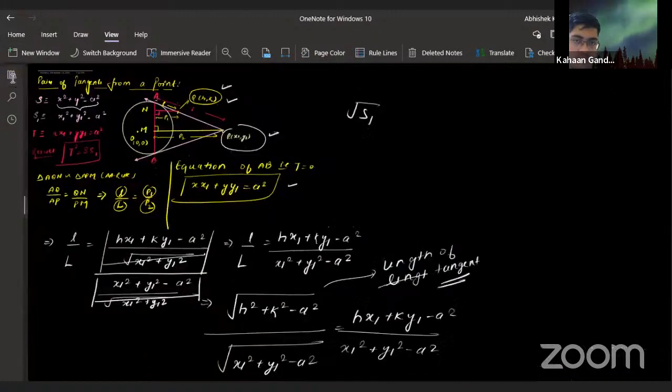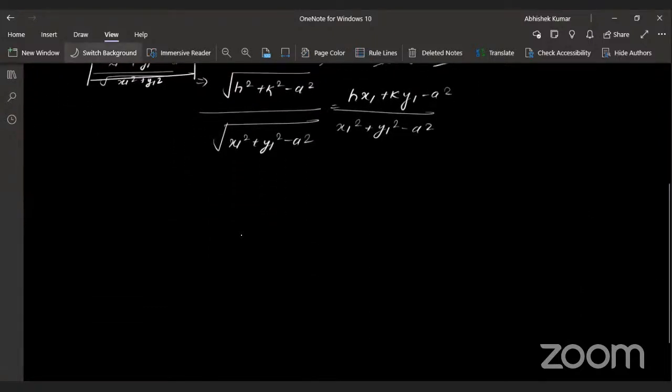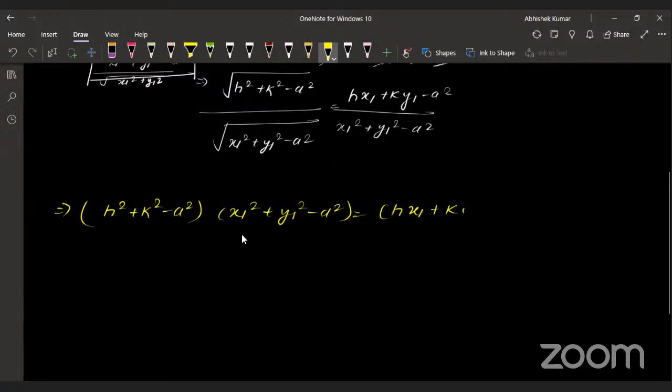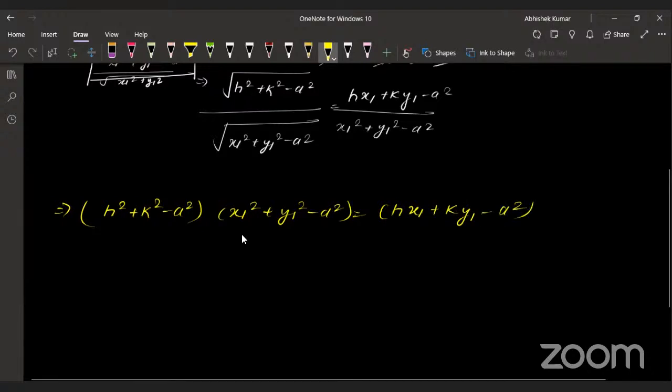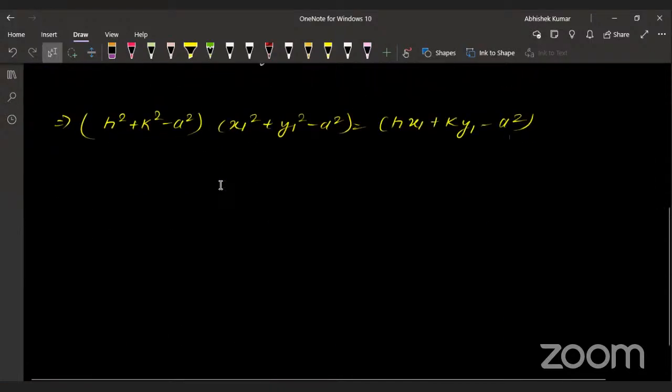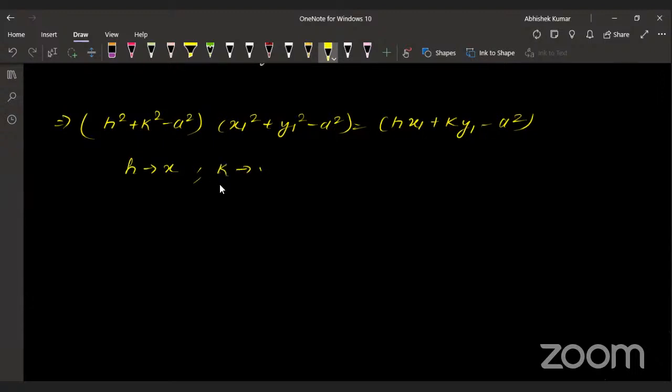Now square both the sides and rearrange the terms. Then I will get h square plus k square minus a square multiplied by x1 square plus y1 square minus a square is equal to h x1 plus k y1 minus a square. Now h comma k were arbitrary points in the plane, so replace h by x and k by y.